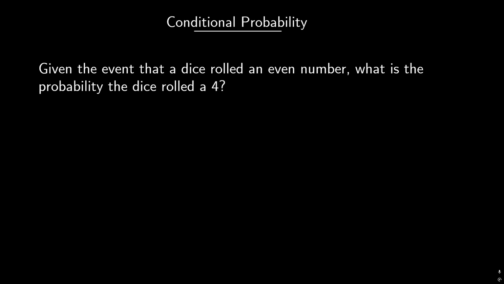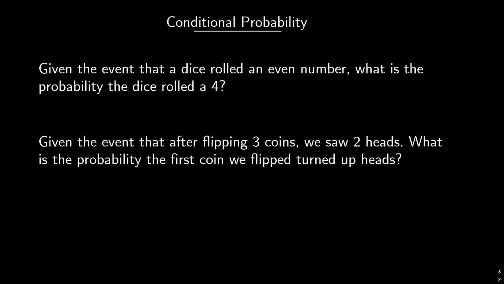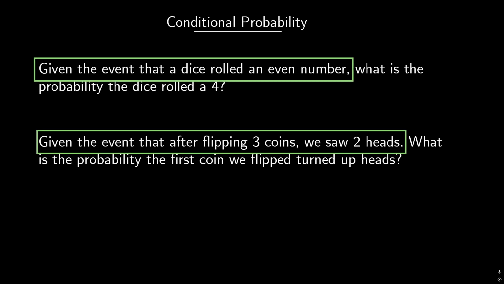Given that the dice rolled an even number, what is the probability that the dice rolled a 4? Or, given that after flipping 3 coins we saw 2 heads, what is the probability that the first coin flipped turned up heads? You can imagine that there is this added condition on our probability. So this is actually super useful.